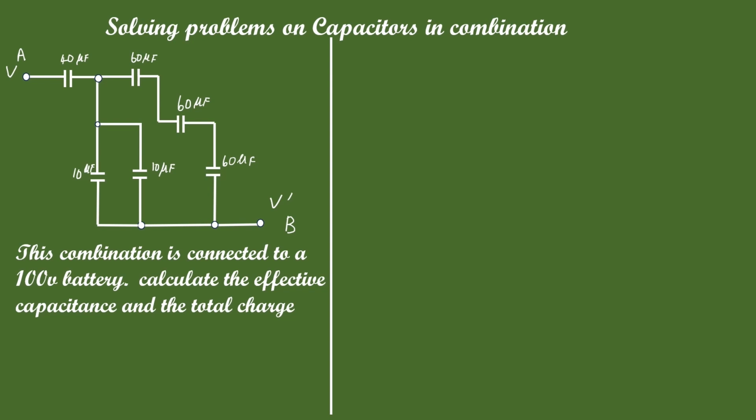In the diagram we find there are various points where there is more than one path. Look at this point. There are two paths, one downward and one towards the right. Similarly, there are three such points where you find two paths. Please understand that from the diagram.